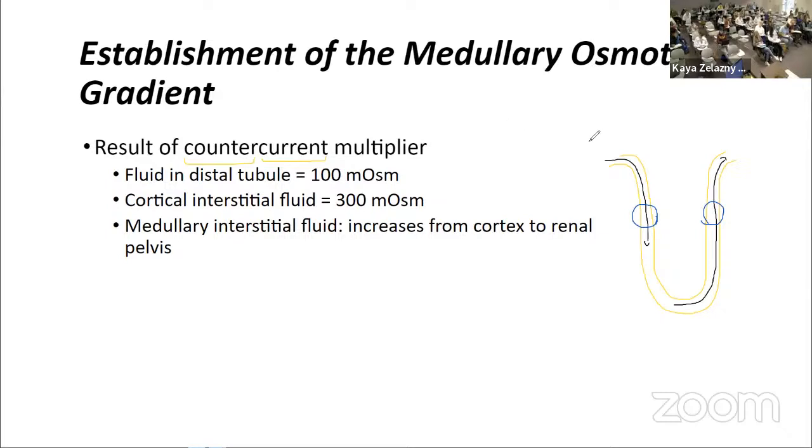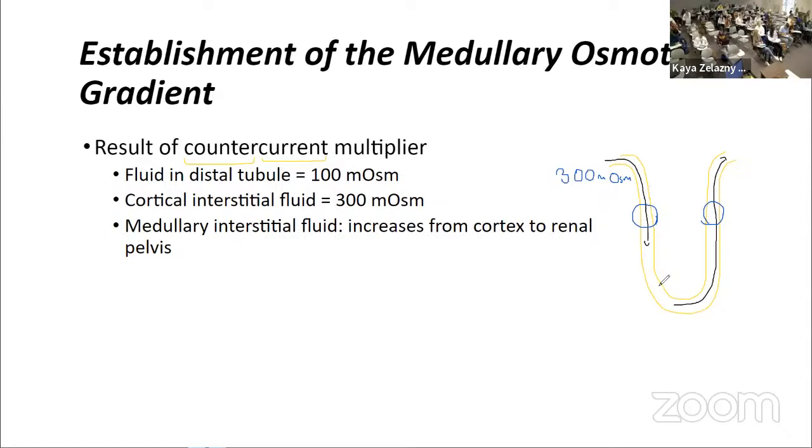So when we start out, we're going to start out in our cortex. So our pull on water, our osmolarity of the cortex is 300 milliosmoles. Okay, when we're starting out. This is also going to be how we start out with our osmolarity of the fluid flowing through the cortex.